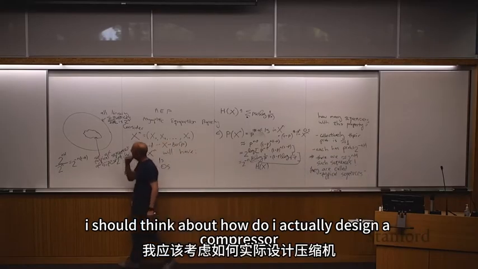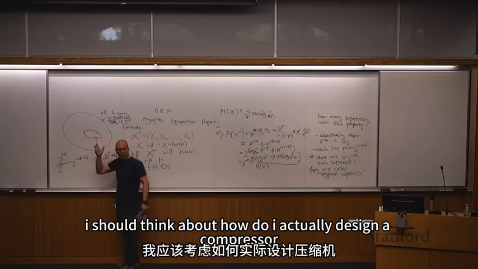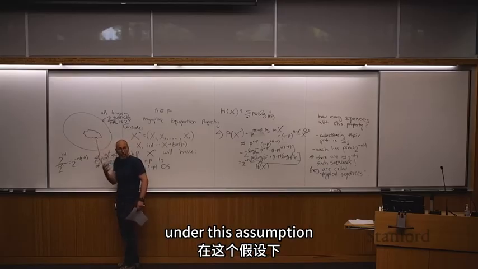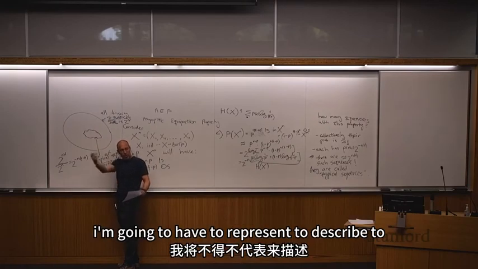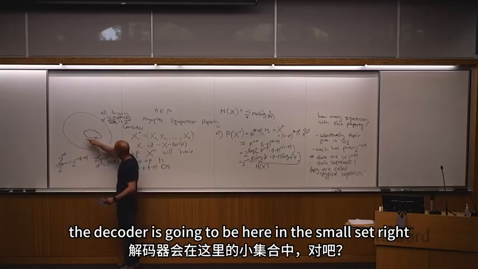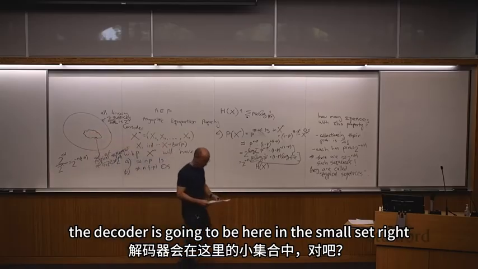I should think about how to design a compressor under the assumption that with all likelihood, the sequence I'm going to have to describe to the decoder is going to be in this small set.